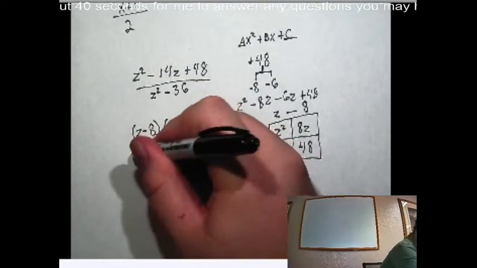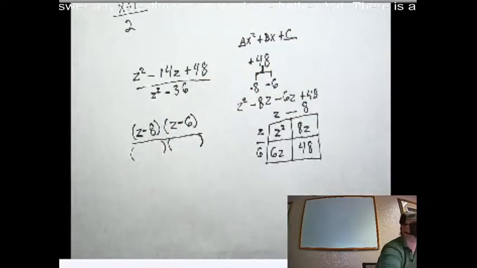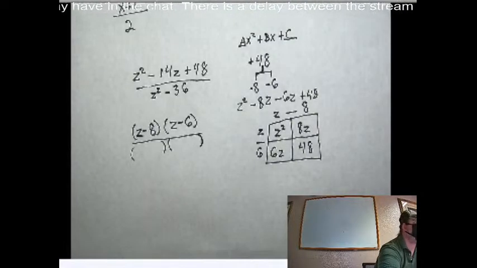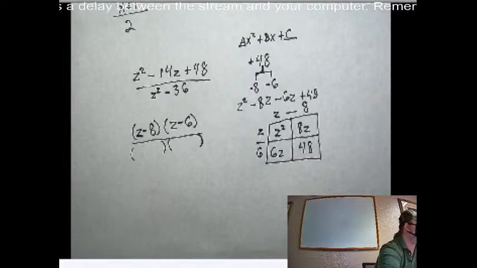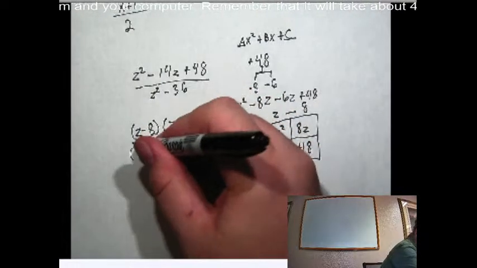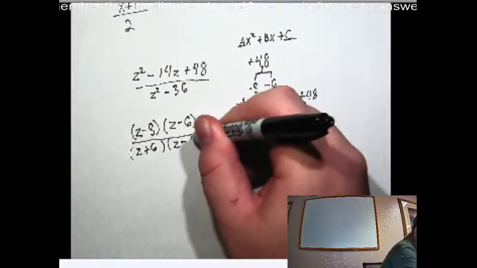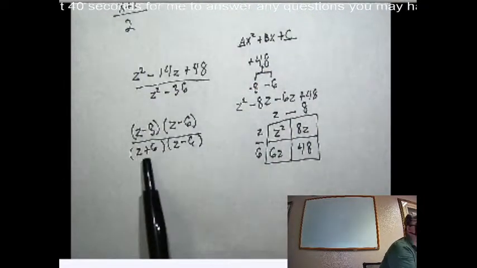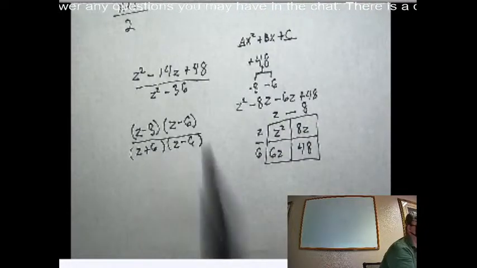So, we know that difference of squares comes out to be 2 factors. What are they going to be? Yeah, z plus 6 and z minus 6. We take the square root of these numbers and fill them in. One of them has a plus, one of them has a minus. It'll always have a plus and a minus.